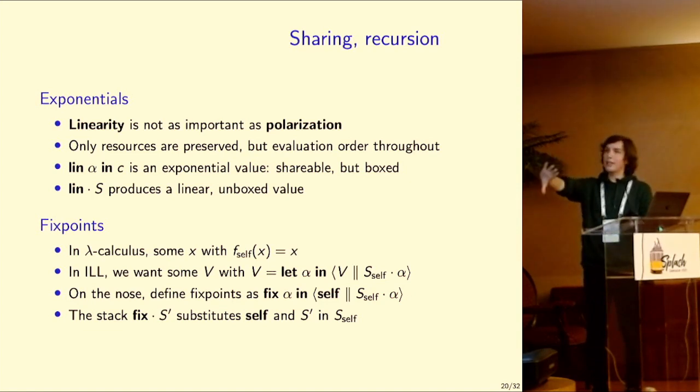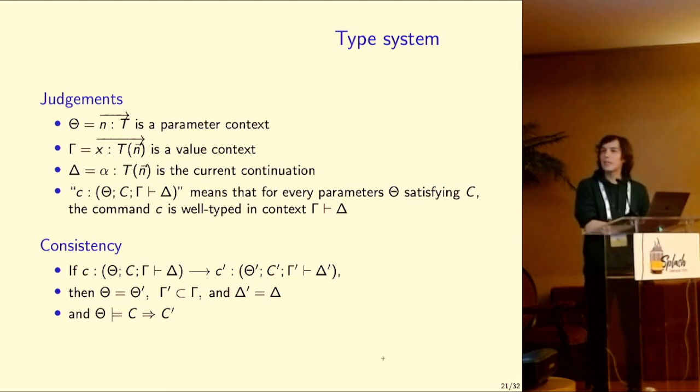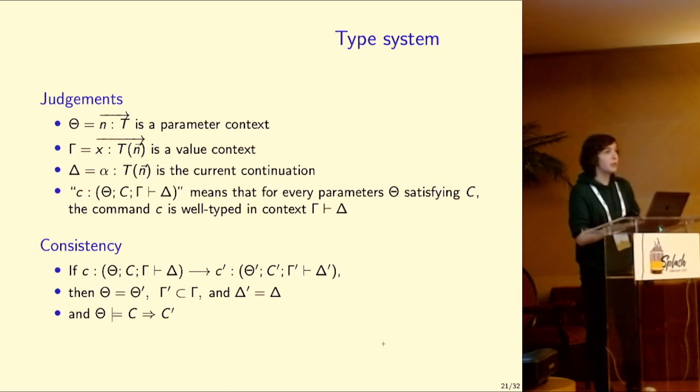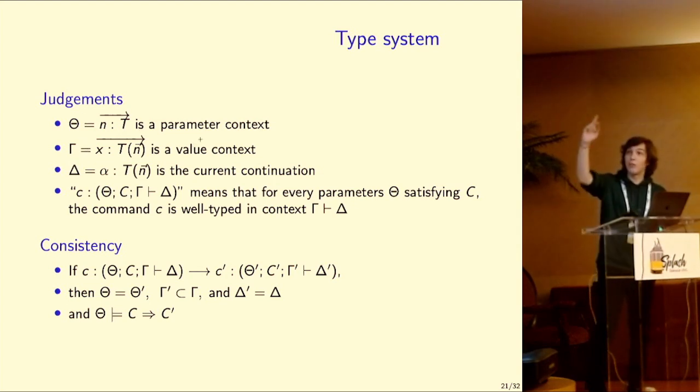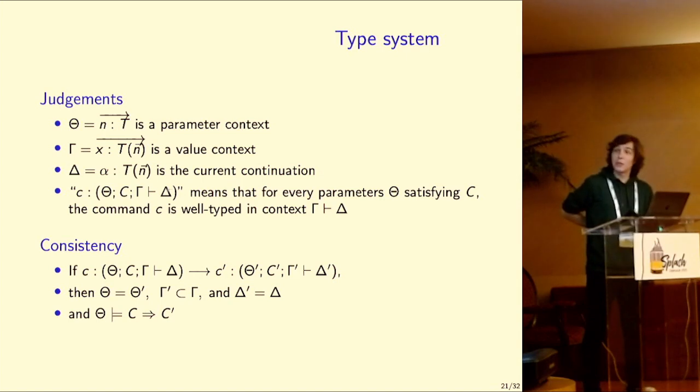So with this setup, we can manipulate our parameters, share values with those parameters, and consider iteration, and we have some consistency on the approximation we make of parameters at compile time. So typing judgments in our machine have a parameter context, a value context, in which the type of values is dependent on the value of parameters, and a continuation context, which is also parameterized.